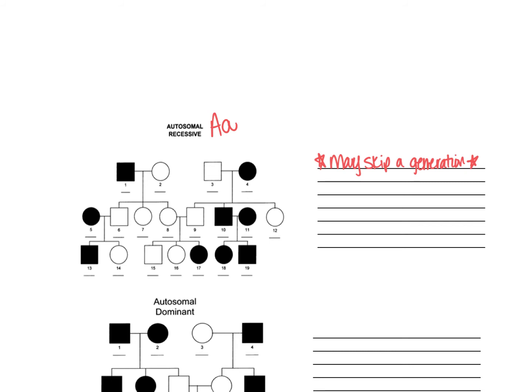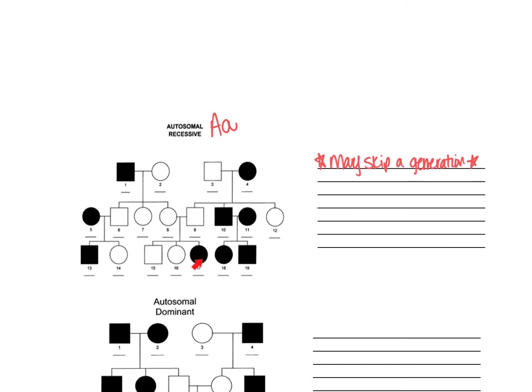So you see what we call skipping a generation, because this individual doesn't have it, but this individual does. When you're looking at autosomal recessive, one of the characteristics that helps you determine it is the skipping of the generation. Since this individual is affected, the affected individuals are going to be little a, little a.